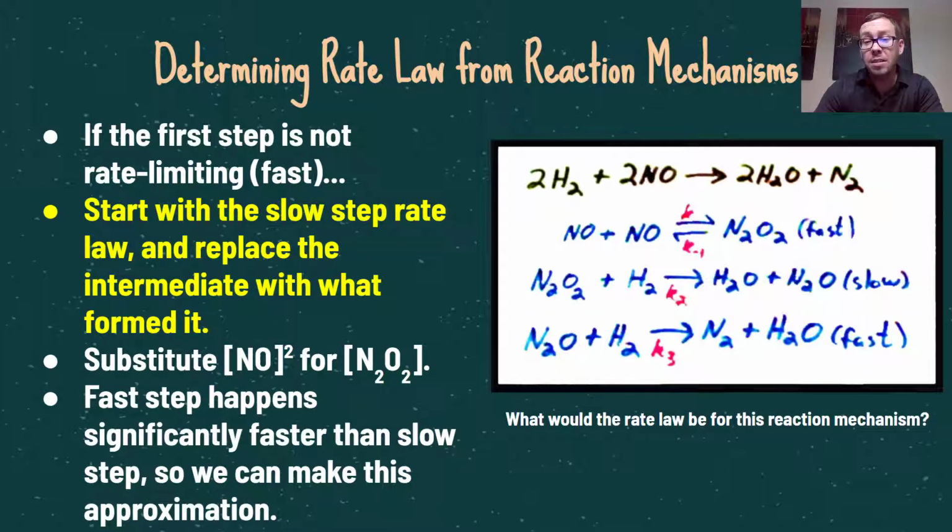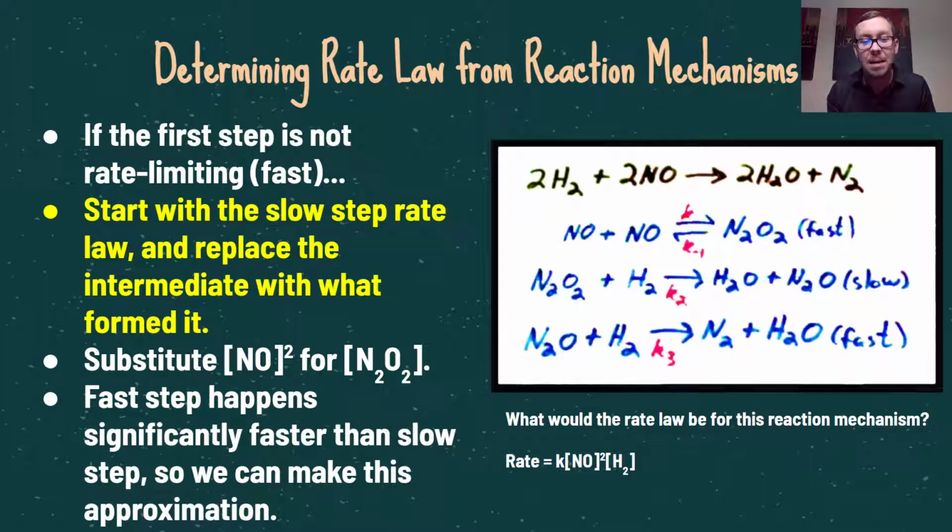Write out the rate law for that slow step. So rate equals k times N2O2 times H2, but I'm going to substitute in NO squared for N2O2, because that reaction step happens so quickly compared to the slow step that I can approximate that.